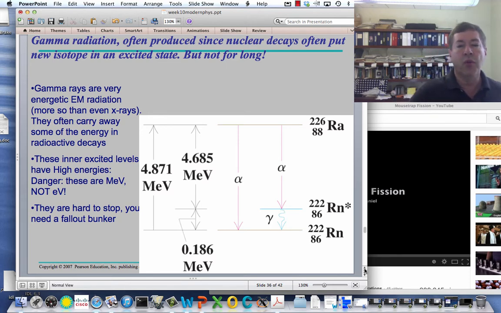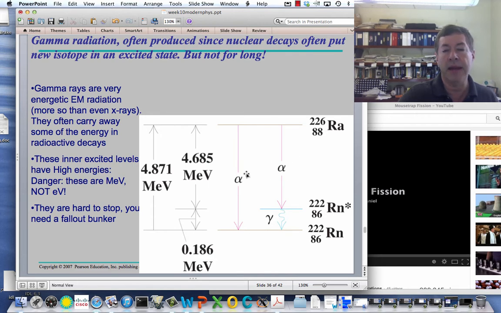What they'd actually discovered was that in radioactive decays, there are a number of ways that very high energy photons, which for historical reasons we still call gamma rays, gamma radiation, remember alpha, beta, gamma, get produced. Let's look at one example, going back to our earlier decay of a radium nucleus. There's a radium nucleus. It's 226 total atomic mass units, 88 protons, and as we saw before, it can emit an alpha particle.